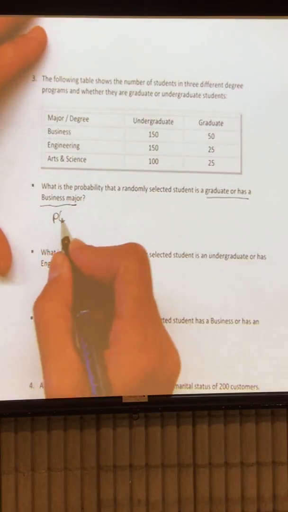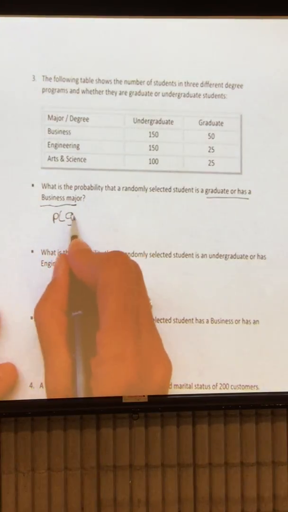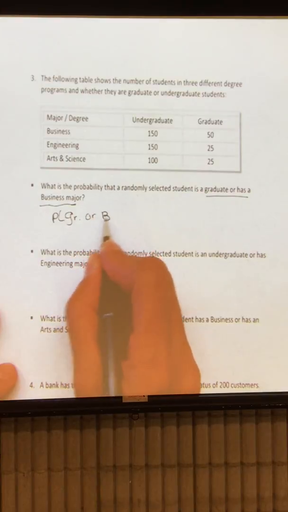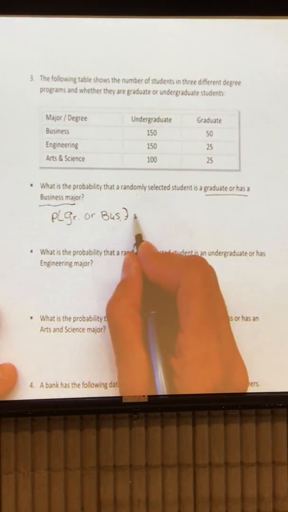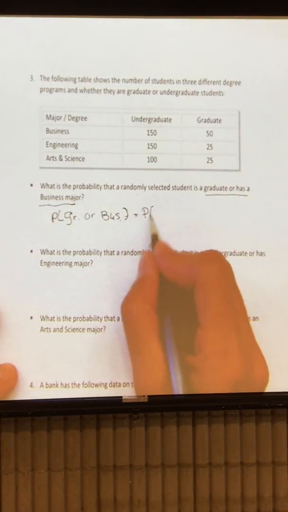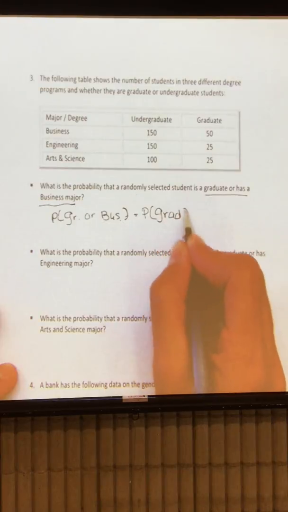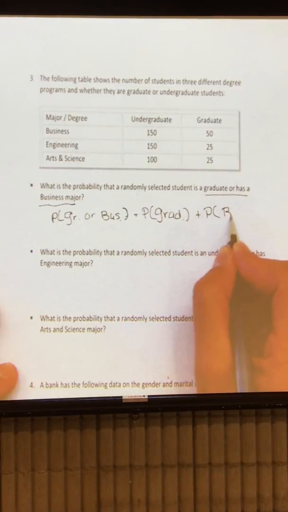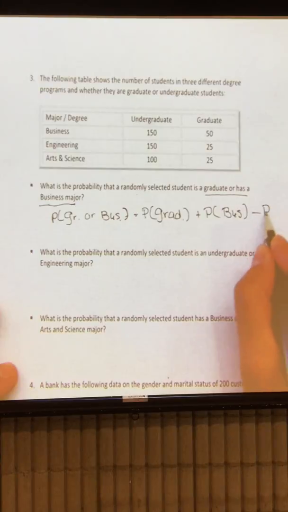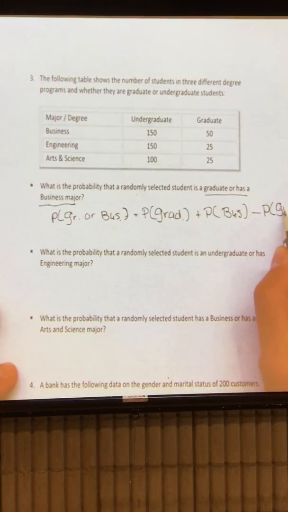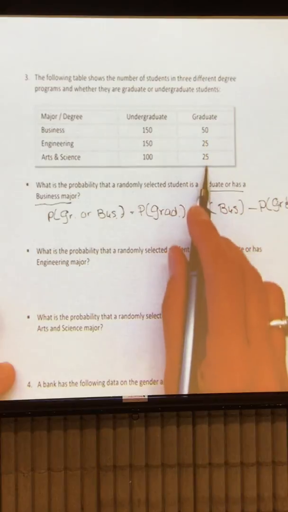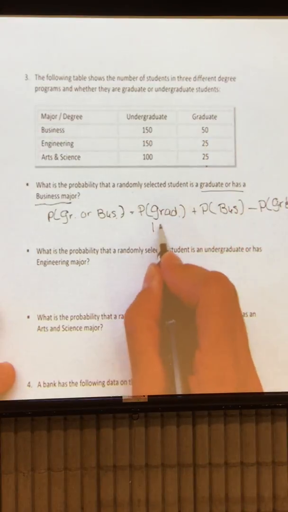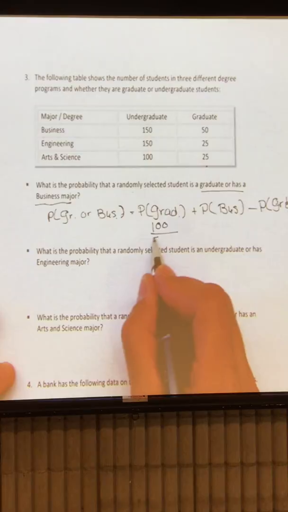So the probability of graduate or business is the probability of graduate plus the probability of business minus both graduate and business. For the probability of graduate, adding them all up together, you have 100 graduates over the total of 500.